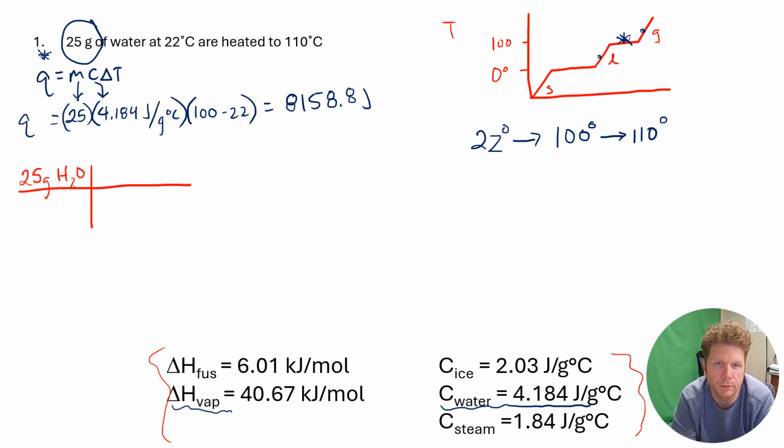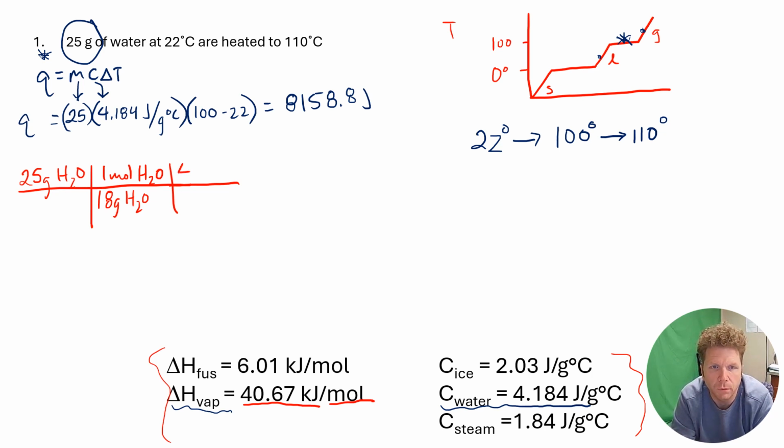The periodic table tells me that 18 grams of H2O is 1 mole of H2O, and my delta H of vaporization is 40.67 kilojoules per mole. So it's 40.67 kJ of energy to convert 1 mole of H2O.